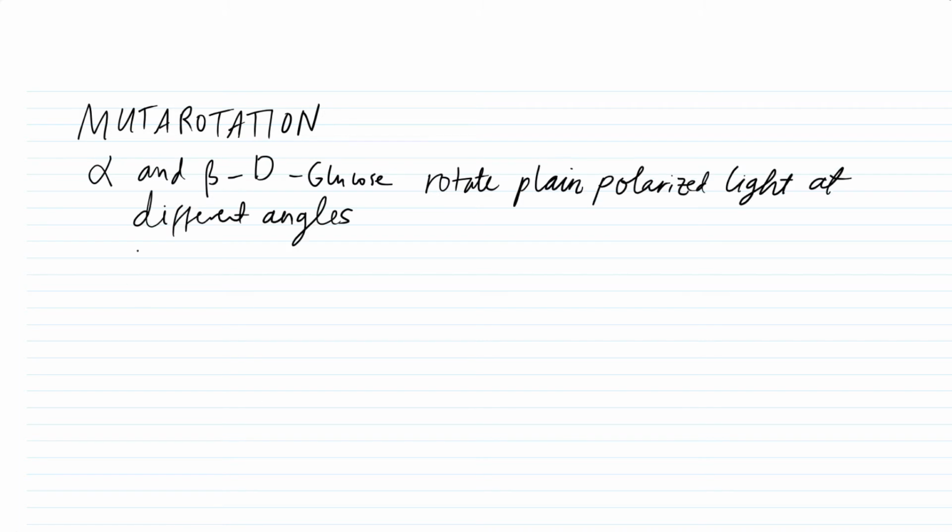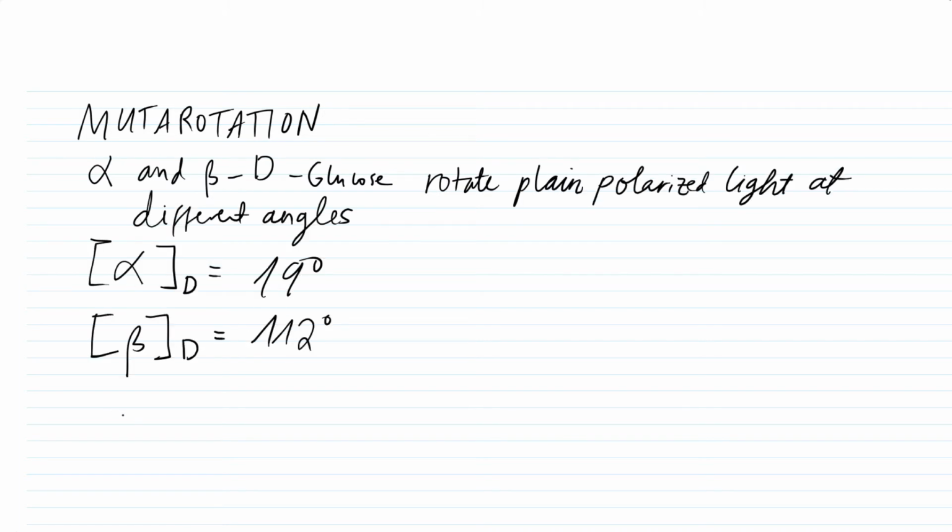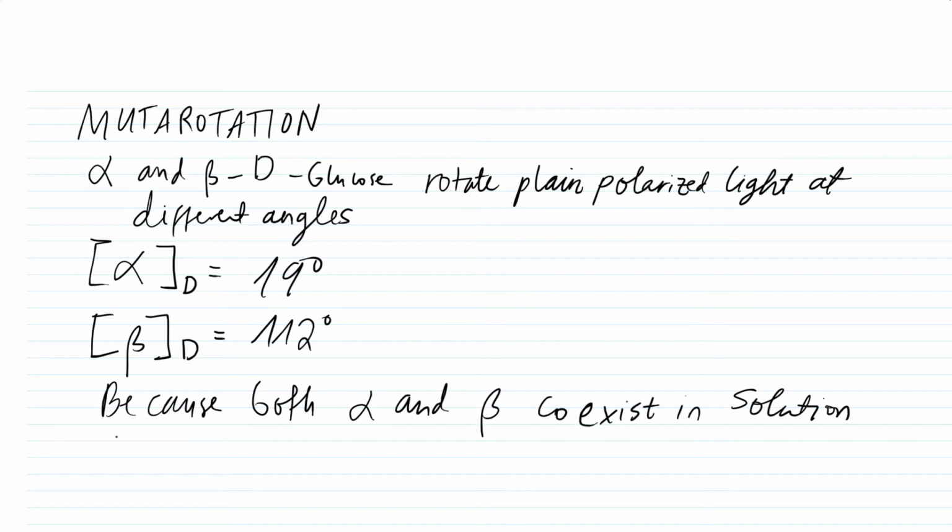Mutarotation is the proof that both are present in solution, alpha and beta-D-glucose.